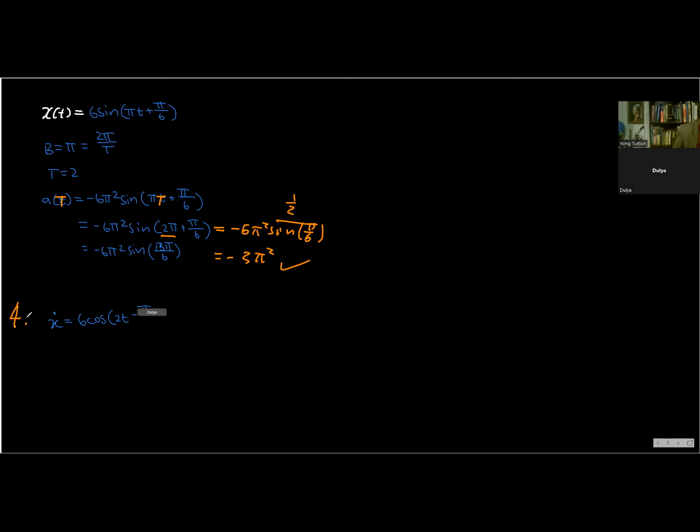Given the velocity this time, what is the question? It says determine the period. Again, yes. Amplitude of the motion. That's right. Perhaps you can find the magnitude first because you can just copy them later.